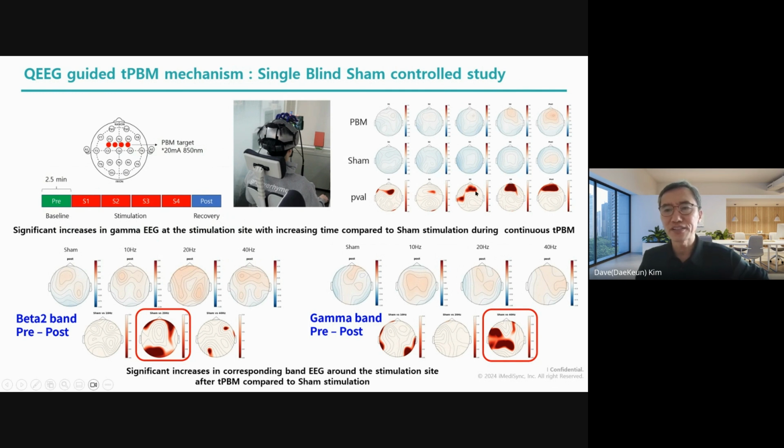We can see the gamma activity increased in the stimulation area like this. Usually other studies show a similar result.